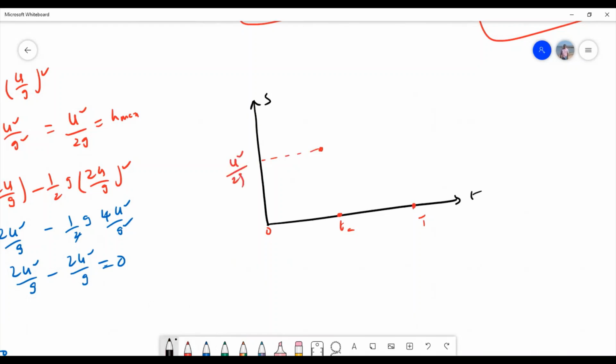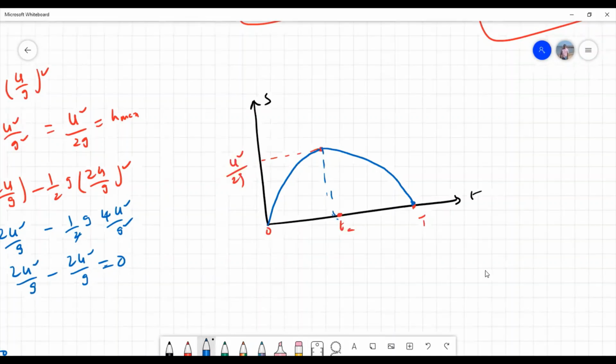So the value first increases, becomes maximum, then falls down, and finally becomes 0. This is the shape of ST graph for a vertically projected body.